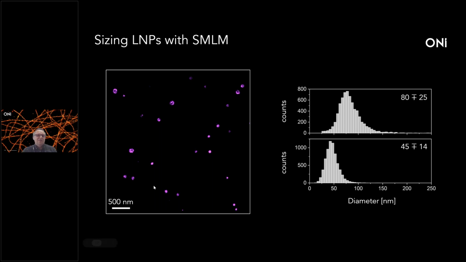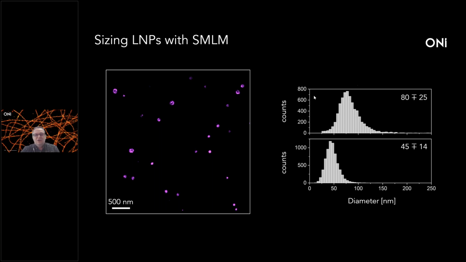Here on the left side, you can see an example image, a small crop from our CODI system with our Nanoimager, and you can see that you have LNPs of different sizes. By using machine learning algorithms, you can identify each individual LNP, extract information such as the size, and have a histogram distribution of it.